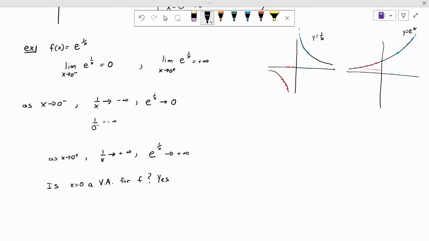Well, yes, right? Because using limits, the definition is that as soon as just one of the one-sided limits is plus or minus infinity, then we have a vertical asymptote.